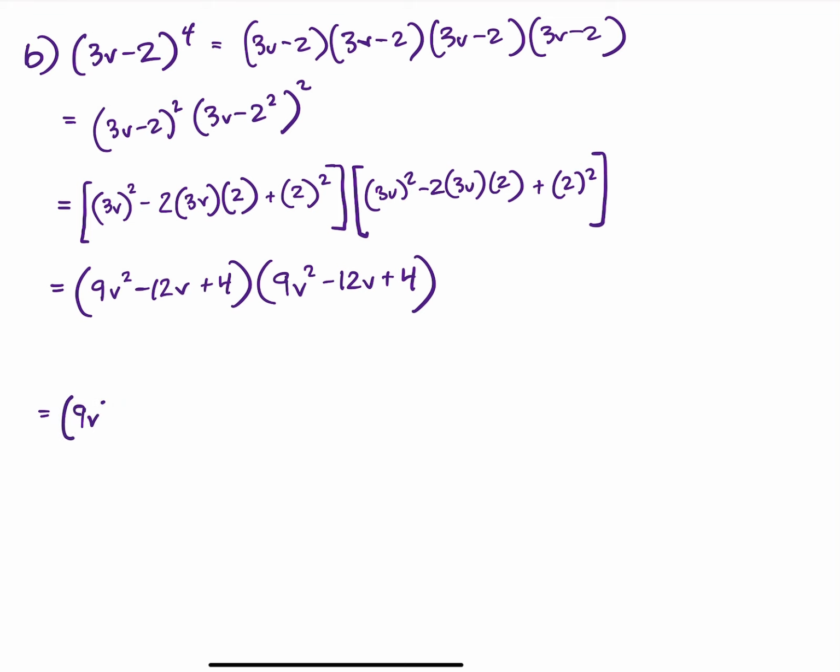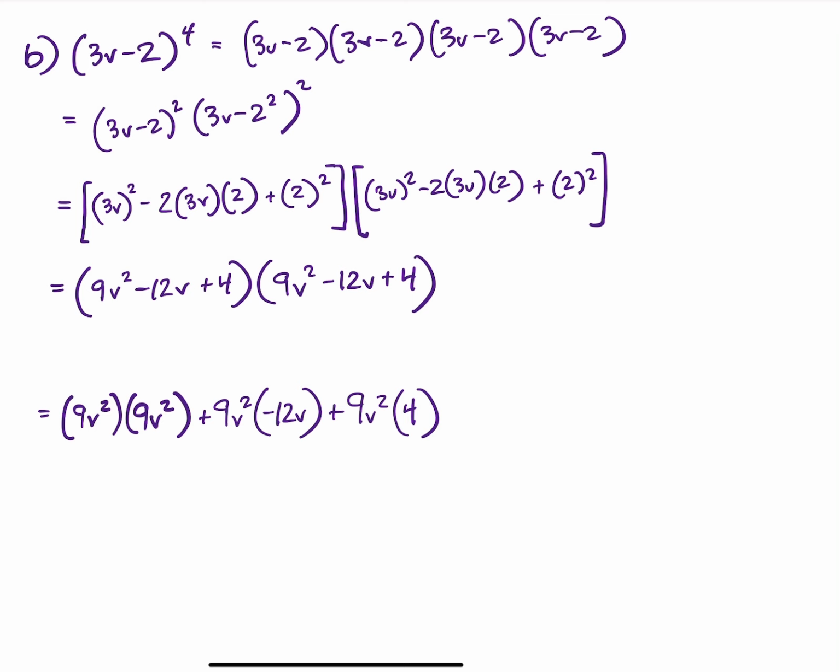So we would have 9v squared times 9v squared. Then multiplied by the second term. So plus 9v squared times negative 12v. Now over to the last term. Plus 9v squared times 4.